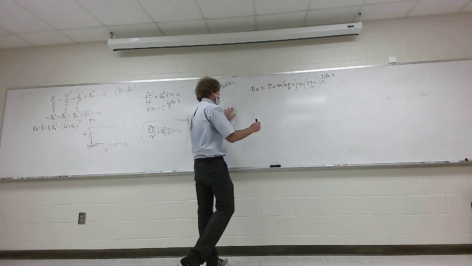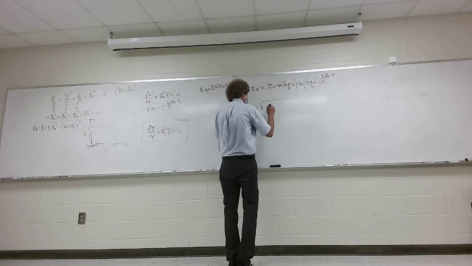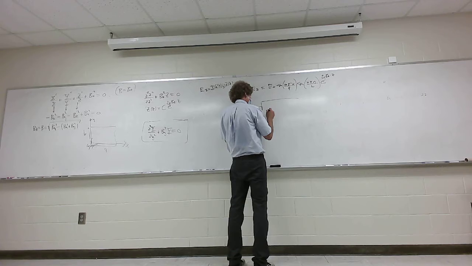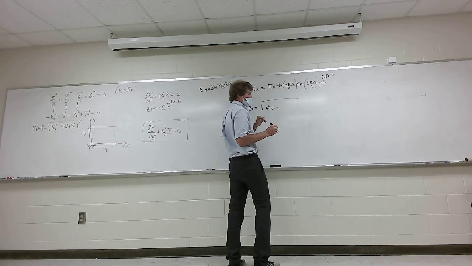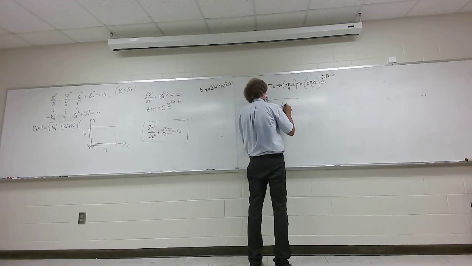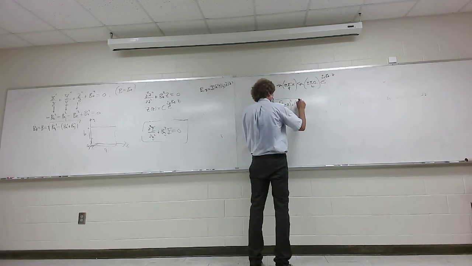To get beta z, it's the square root of beta unguided, well, beta unguided is omega squared times mu epsilon, minus beta x and beta y, which were m pi over a squared plus n pi over b squared, right?